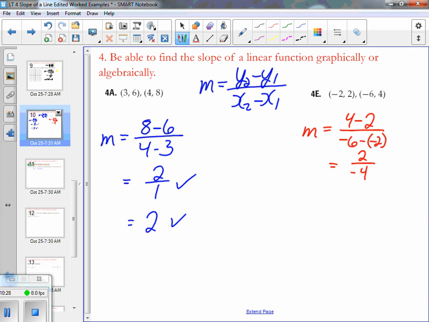Make sure you reduce that fraction. These other examples we've run across, we didn't need to, but I want you to see, if you can reduce that fraction, you need to reduce it. Positive divided by negative, negative, and then 2 over 4 reduces to 1/2. Make sure you reduce them if they can be reduced. All right? Any questions?